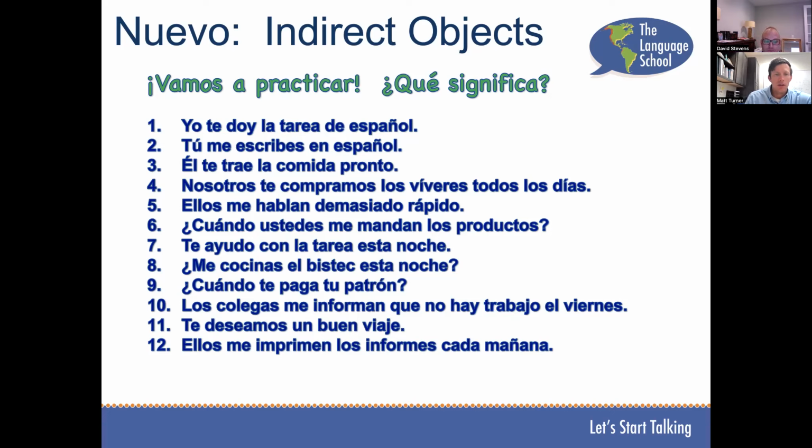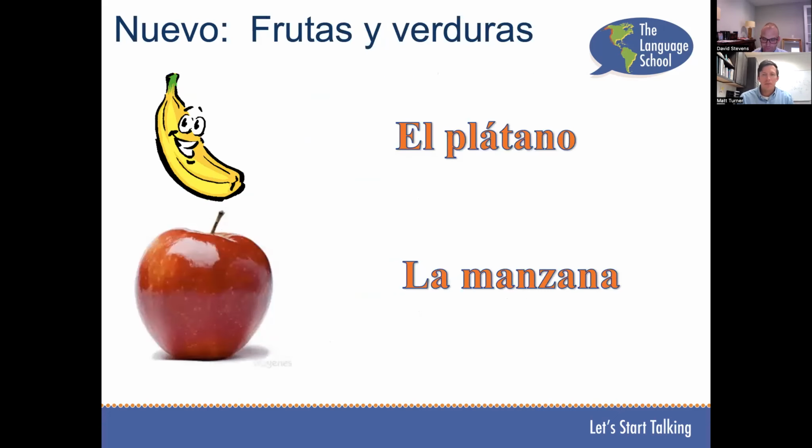So they print me the information every morning. Yeah, informes means a report. Informes, report. They print me the report every morning. Good. Whew. It's a lot of work. Yep. All right.